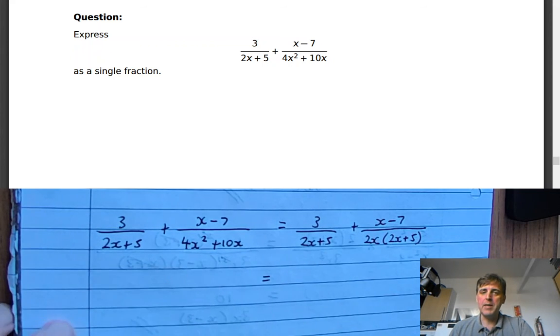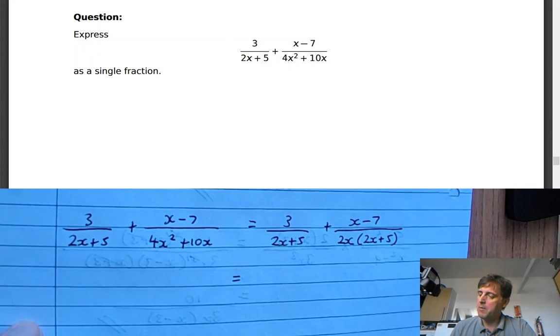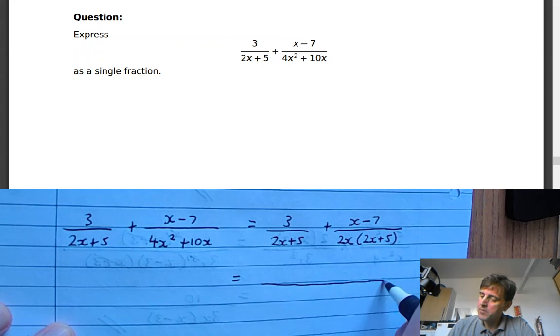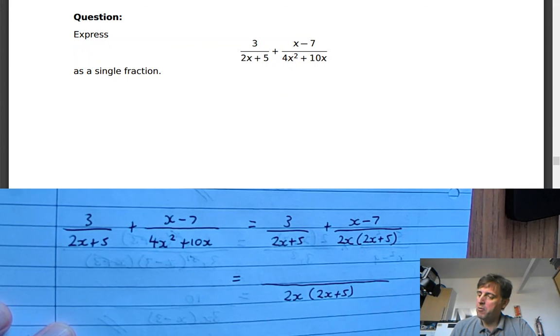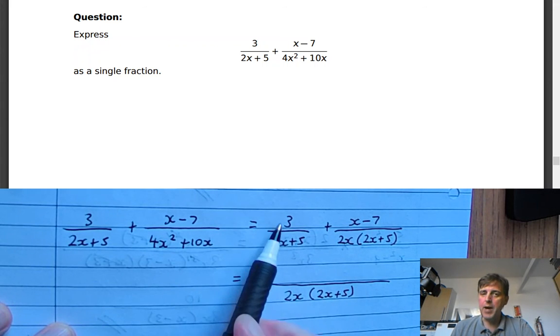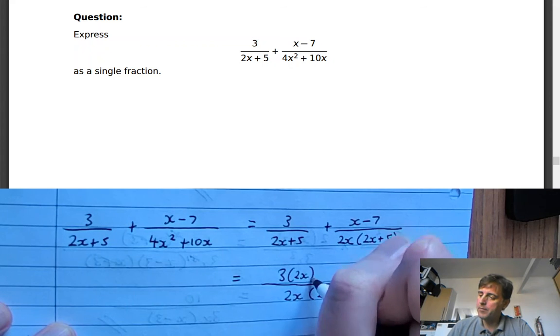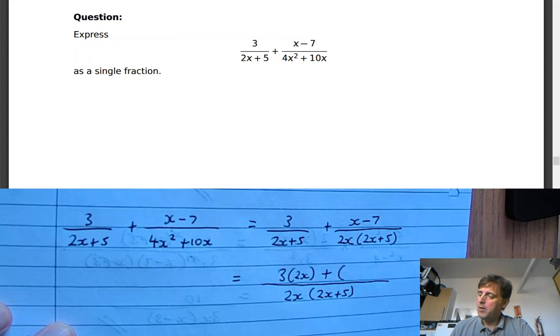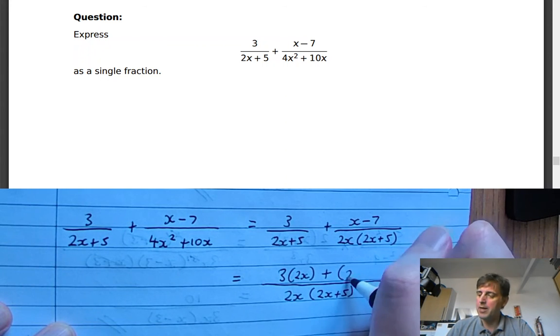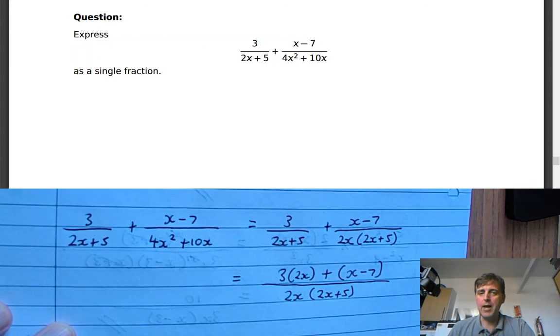So what that must mean now is that I can just get my common denominator of 2x plus 5 by multiplying top and bottom of this fraction by 2x, with 3 lots of 2x here. And then I don't need to multiply top and bottom of this fraction by anything because I've already got the denominator I want. So that's just going to be an x minus 7 like that.